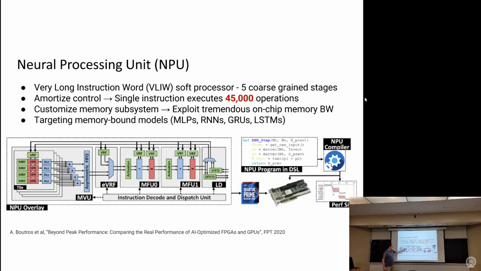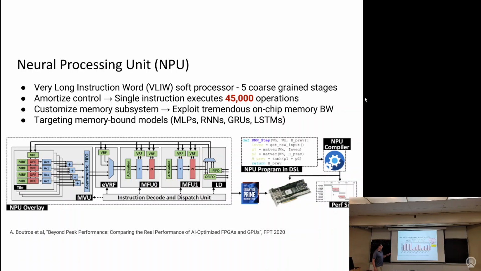Other pieces of it are essentially SIMD units. And the units are chained together because we know that usually what comes out of the matrix unit needs to be processed with some activation functions. We actually don't go back to the register file all the time. So you do a matrix vector multiply, and then you can feed that into the SIMD units without going back to the register file. So you get performance from all those pieces.